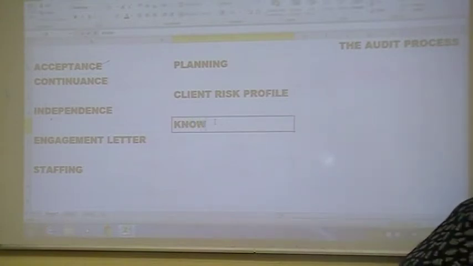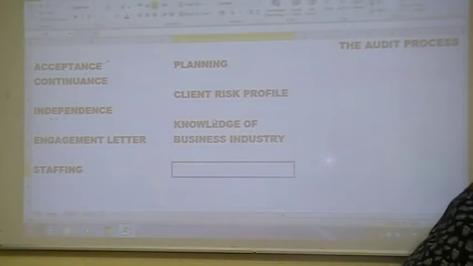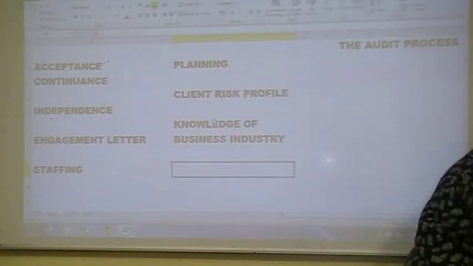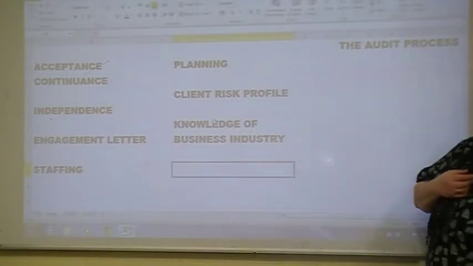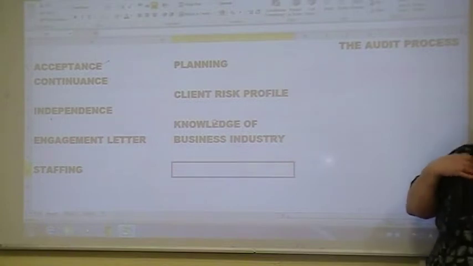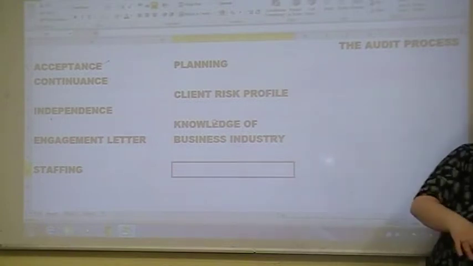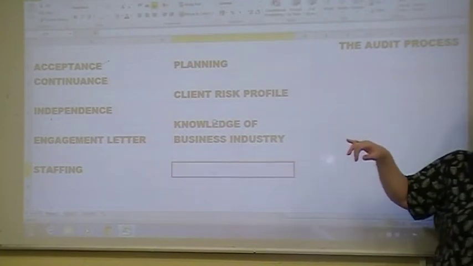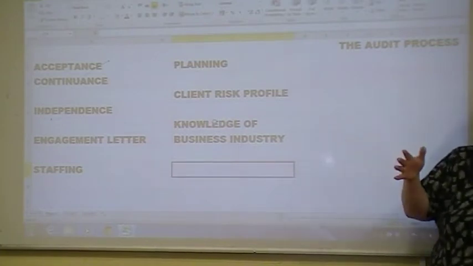Knowledge of the business. So we look at the client risk profile and we look at the knowledge of the business to make sure that we have a good understanding of how the business works and what they're doing inside the business.